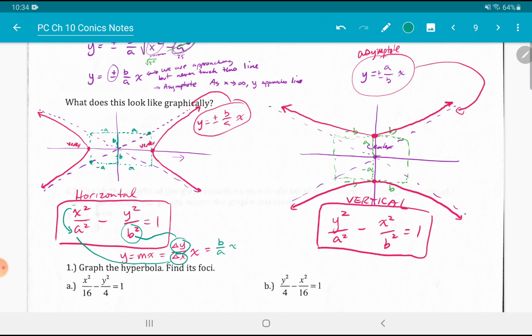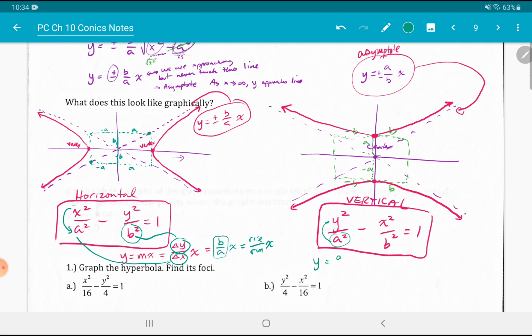I don't want you to get so hung up on what b and a is. Rather, what I would like for you to instead think about is what is connected to the rise and what is connected to the run of your equation. So as we take a look at the next example, the vertical hyperbola, what you'll notice is that the y, which represents the rise, has this a value attached to it.